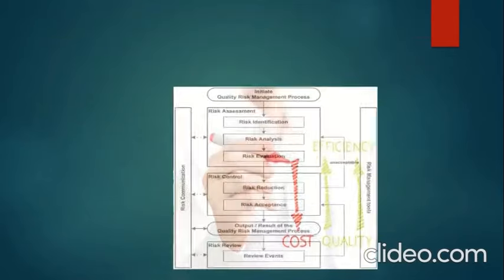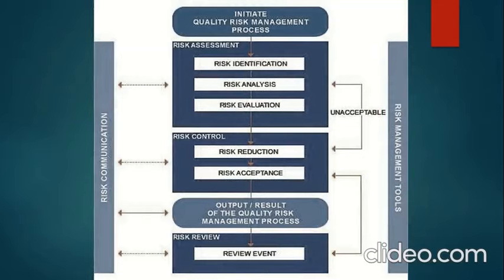The process involved in quality risk management: first, to start or initiate the quality risk management process. The first step will be risk assessment, where 3 sub-steps will be used: risk identification, risk analysis, and risk evaluation. After risk evaluation, if the risk is unacceptable, then we go for risk control.